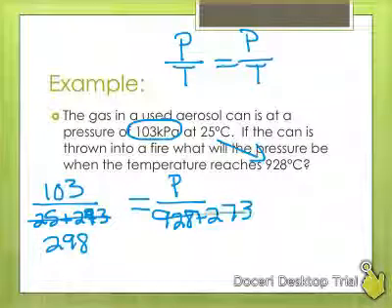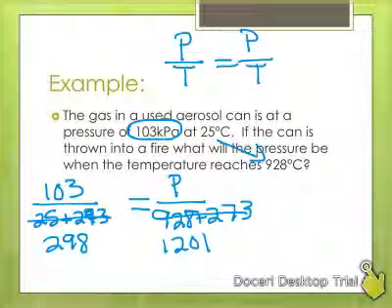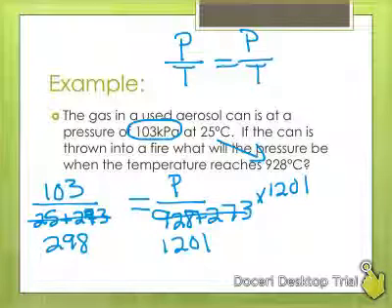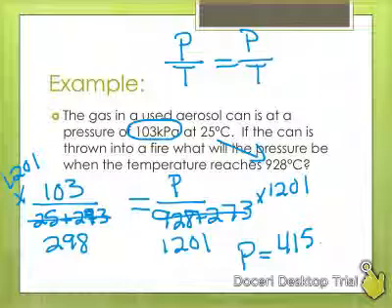Which gives us, how do I get my pressure all by itself? We got to get 1201 on the other side. So my new pressure is going to be 415.11.